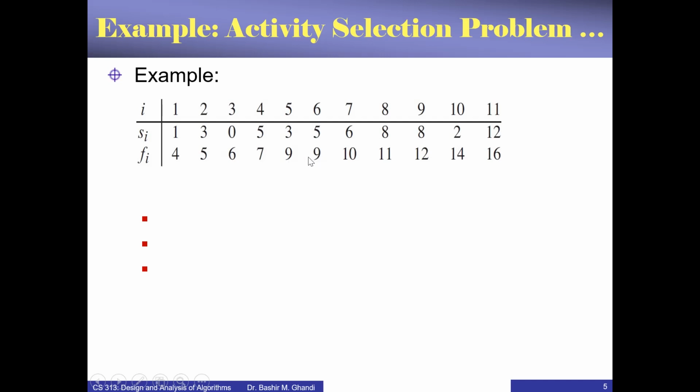This is not a problem. What we don't want is the next activity to finish before this one. So monotonically increasing simply means a sequence that is not decreasing. The next item may be either bigger or the same. So the activities in the activity selection problem are sorted, as you can see here, in monotonically increasing order.